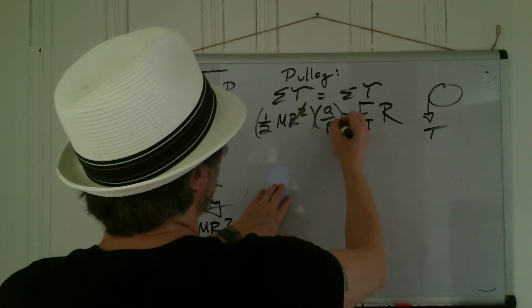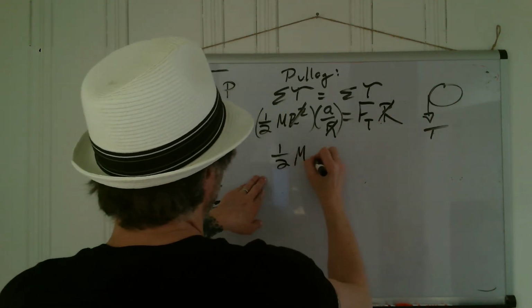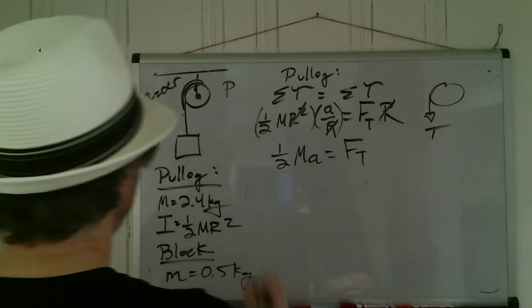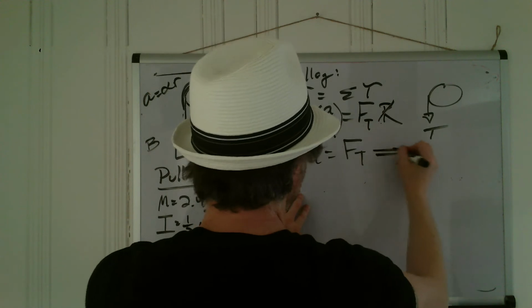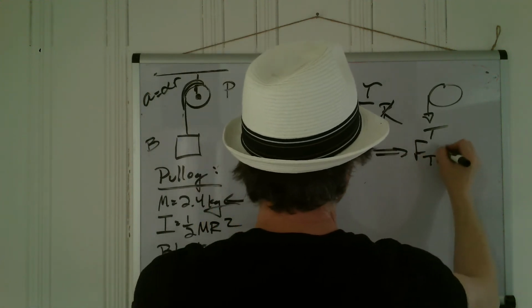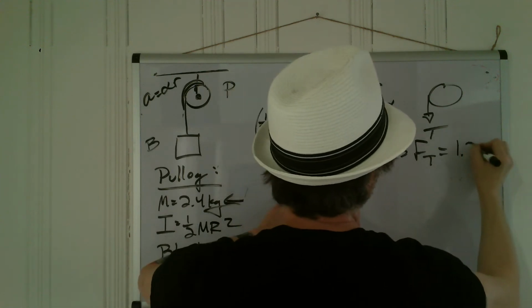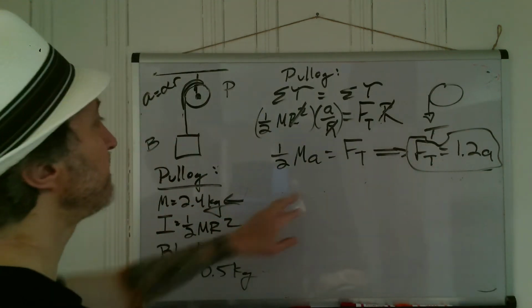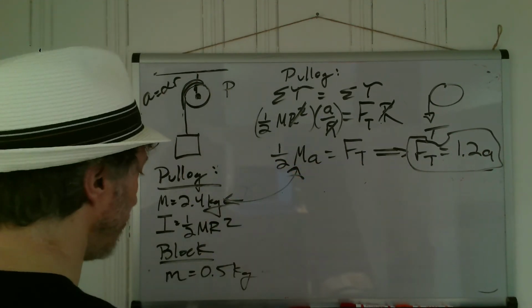So what I've got now is 1/2 MA equals tension. And since I knew that capital M was 2.4 kilograms, my tension is 1.2A, just by plugging in the mass here. So that is equation number 1.